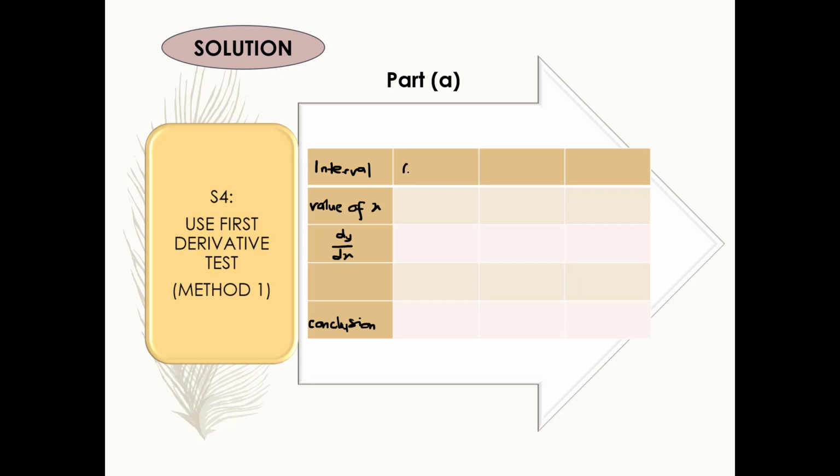So first we put the intervals negative infinity to negative 1, and then negative 1 to 1 and 1 to infinity. For the value of x, you can put a value in each interval, which is negative 10, 0 and 10. When x equals to negative 10, the dy/dx will be positive, and then negative, and then positive. When positive, it is increasing, and then decreasing, and then increasing. So we put the conclusion.